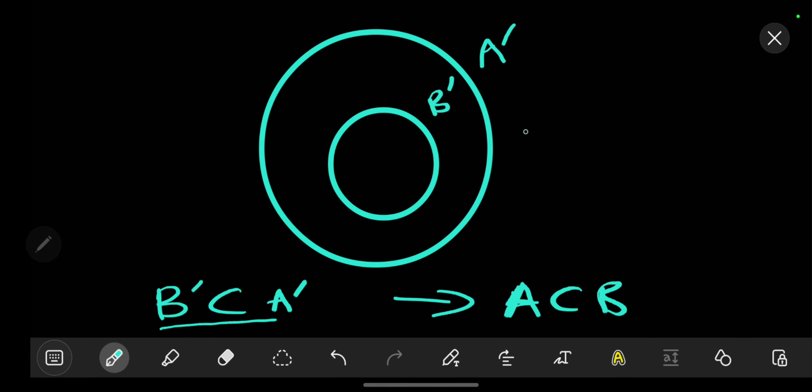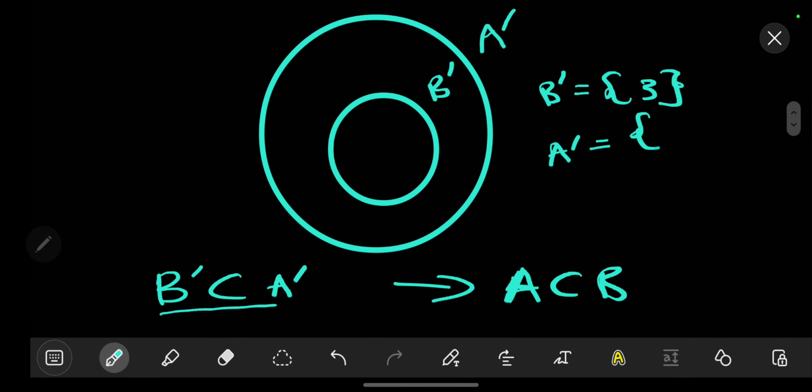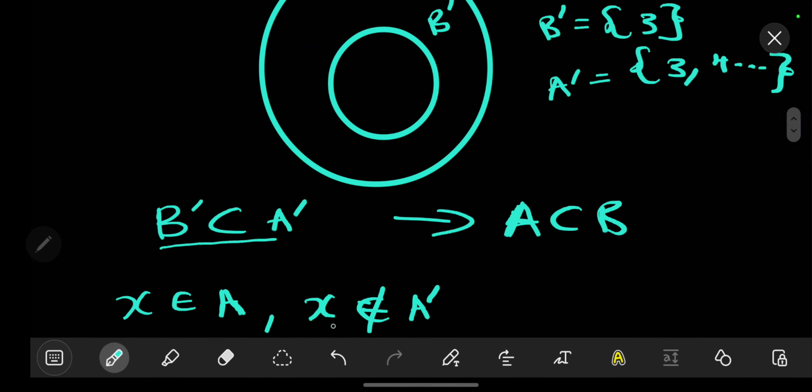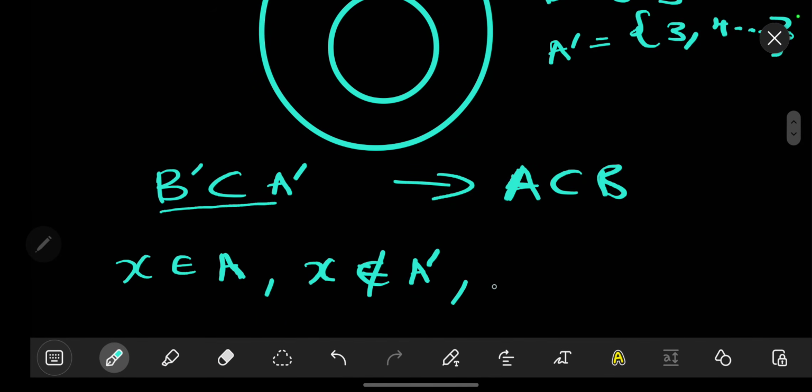Let's say for example B complement is equal to just {3}, then already A complement should also contain the number 3, maybe some 4 and other values, but all the values that are in B complement should be found in A complement. So since X is not a member of A complement, which is the bigger set, it entails that X must not be a member of B complement.